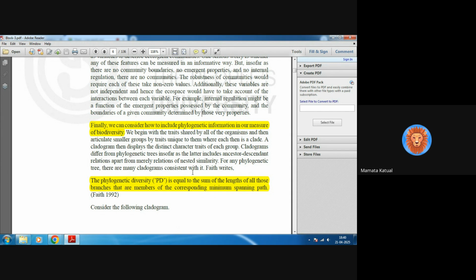So for studying the phylogenetic information, we study the phylogenetic diversity.